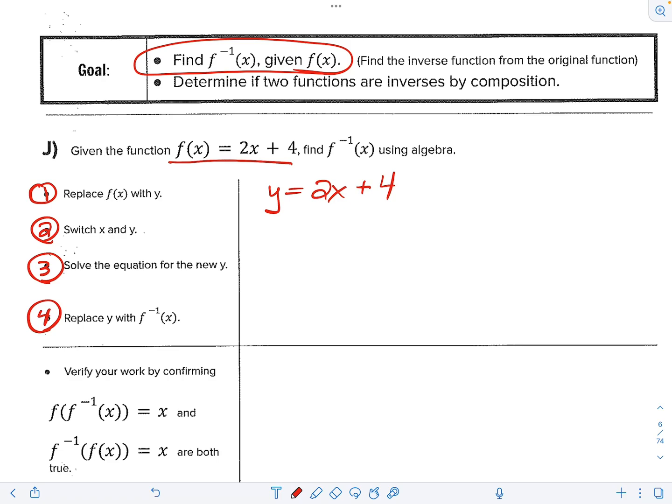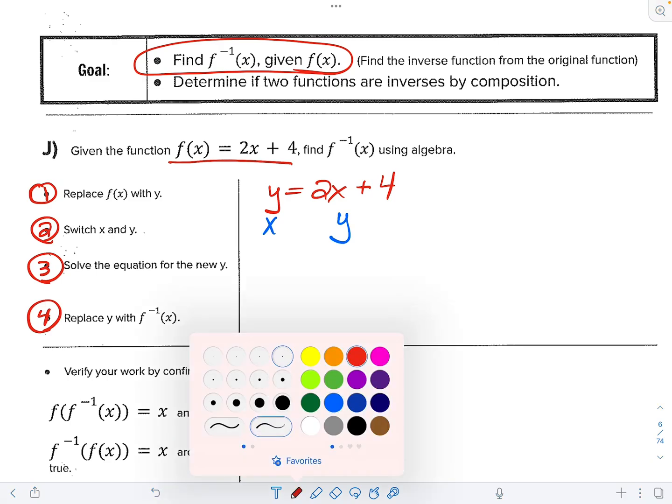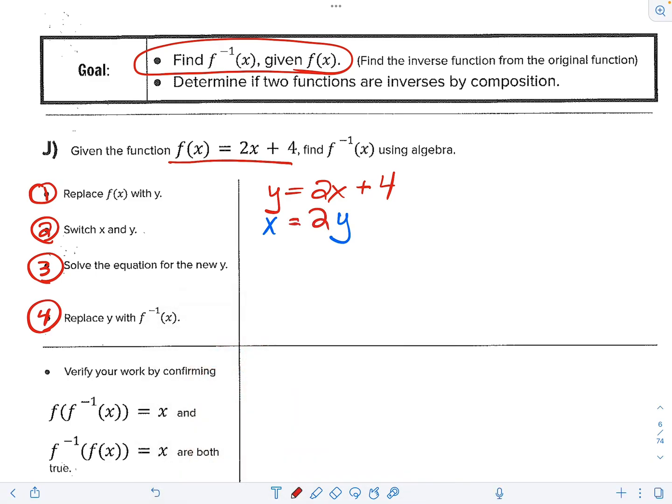Number 2, switch x and y. So wherever there's an x, I'll put a y, and wherever there's a y, I put an x. I just switch them. So now instead of y equals 2x plus 4, I have x equals 2y plus 4. Step 3, solve the equation for the new y. That means I need to unwrap what's next to the 2 and the plus 4.